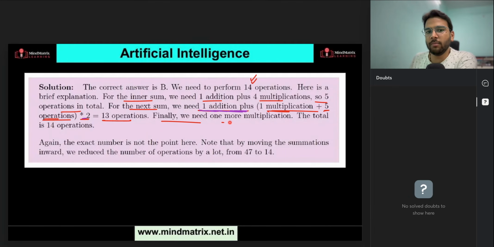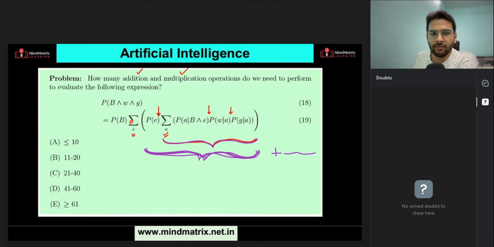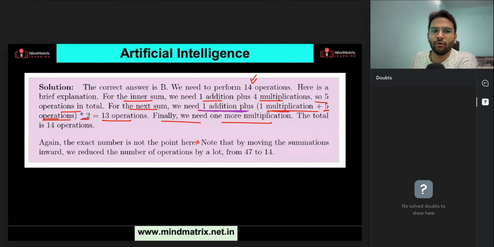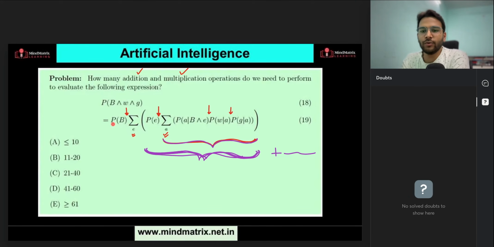So finally we need 1 more multiplication. If you carefully observe, this 1 more multiplication is needed into P of B, and that will give you total 14 operations. So can you carefully see here, when we are using this variable elimination algorithm, by placing this summation at the correct place, and then evaluating this expression, it reduced the number of additions and multiplication operations.